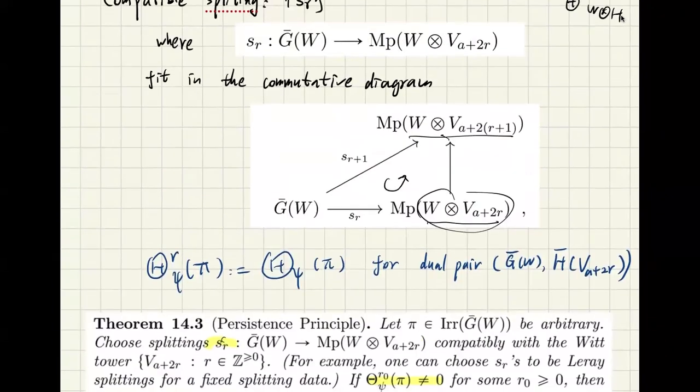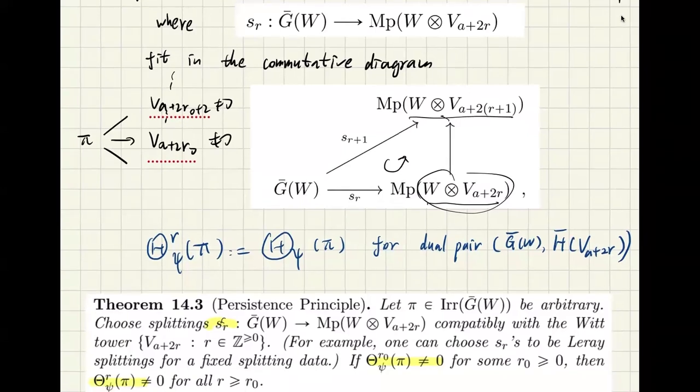The picture is that if pi lifts to some V_{A+2R_0} and is non-zero, then the lifts to all spaces above will be non-zero. So you see the lifting pattern is that at a certain stage it becomes non-zero, and below this stage it will be all zeros.